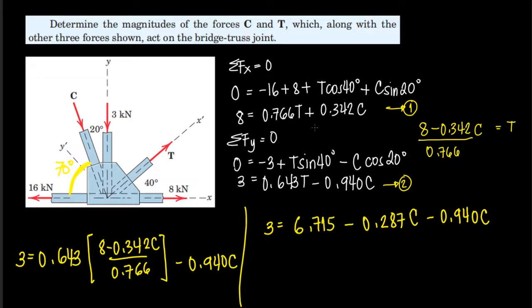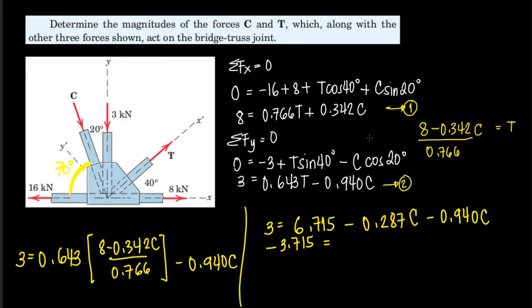So, 3 minus 6.715 is equal to negative 3.715 equals, we have negative 0.287 minus 0.940. This is equal to negative 1.227c.